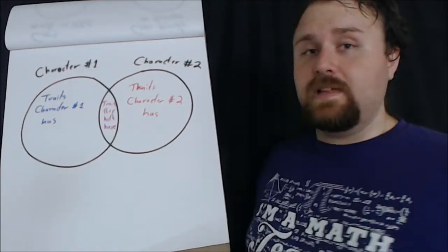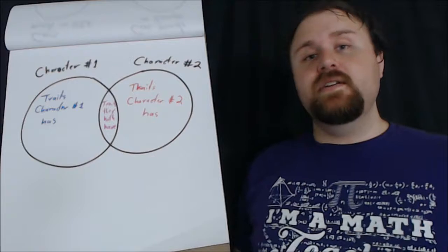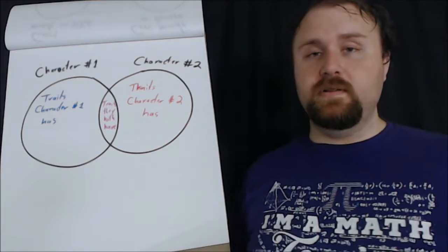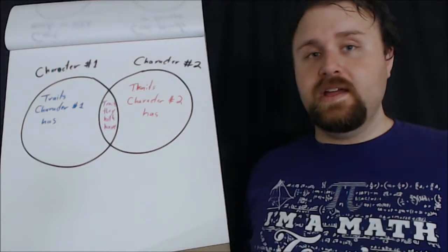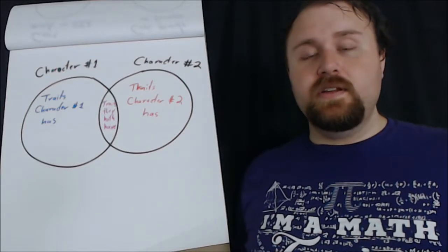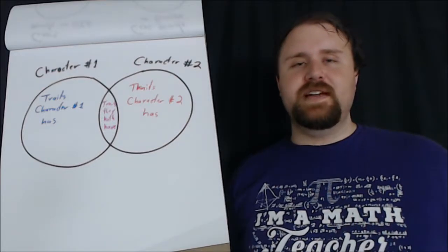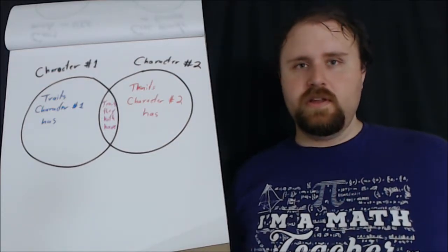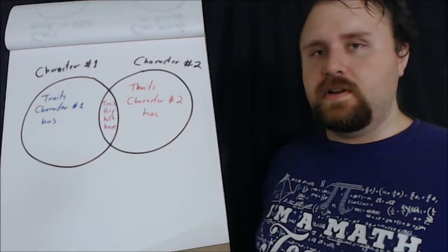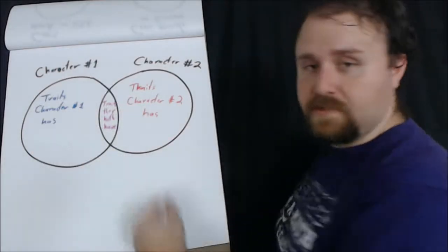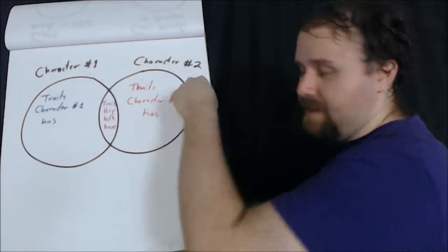Now, a Venn diagram is a really powerful tool, and you can use it for things like comparing and contrasting. So most of you have probably, in English class, done comparing and contrasting, say, characters in a story, or between 2 stories. So what you would do is you would have one circle for the first character and another circle for the second character.